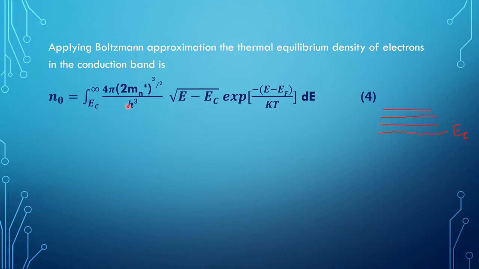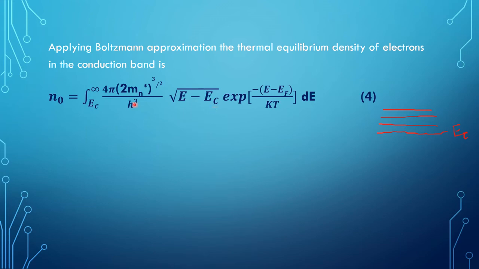And in the previous class we already talked about the value of GC(E), the density of states in the conduction band.